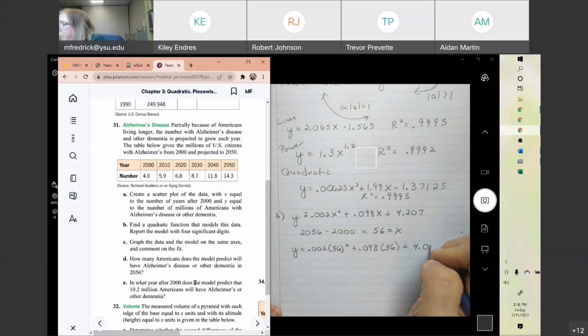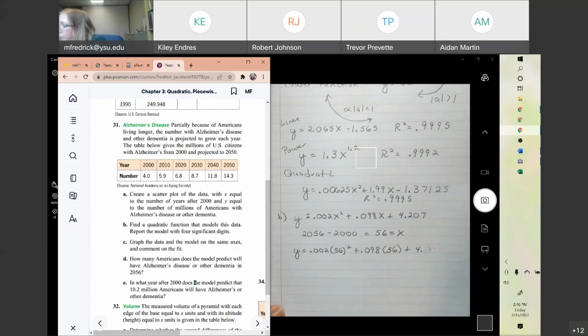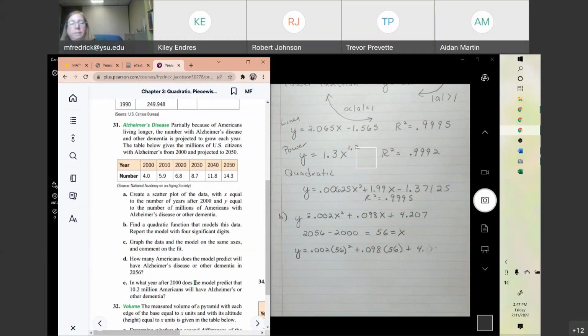Remember, this would be an extrapolation because 2056 is beyond the values they use. Anything between 2000 and 2050 would be interpolation.